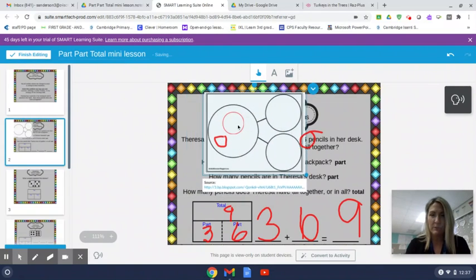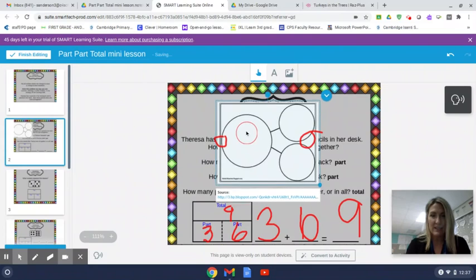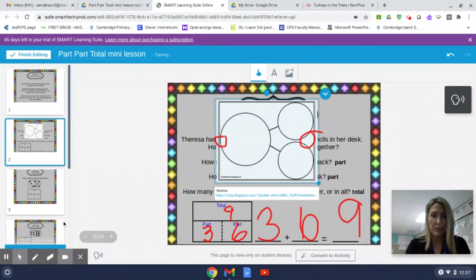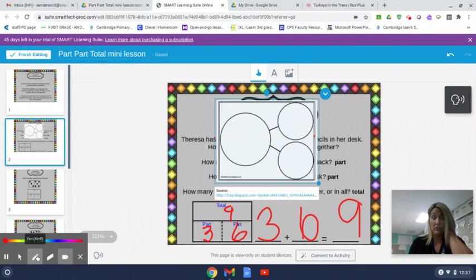Remember using number bonds a lot in the classroom with the number of the day? I hope you do. I'm going to get rid of these circles for you. A number bond is the same as a part total diagram. We have 2 parts that go together to make a total.